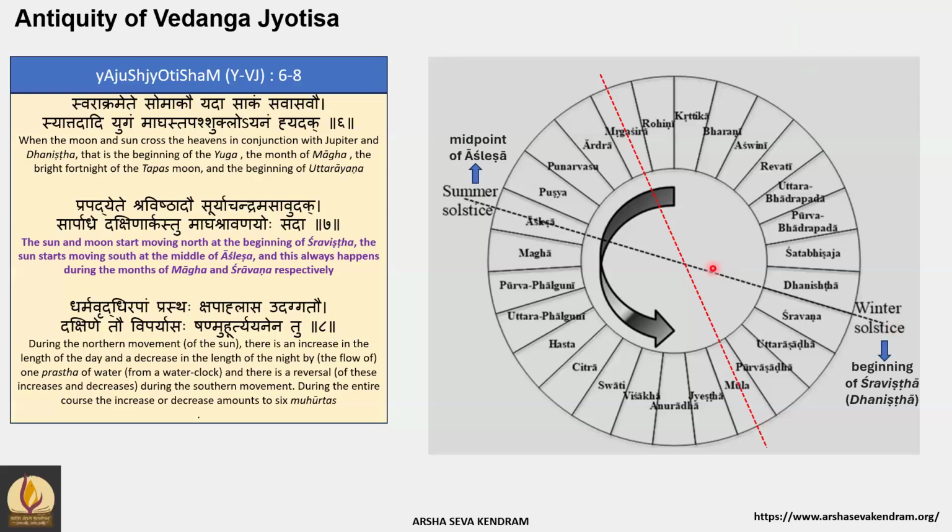Could it be what is currently happening now? The summer solstice happens at this nakshatra. Correct, that is correct. See, the amount of precession of the earth that has happened from the Vedanga Jyotisha time to the current time is this extent, right? So today the summer solstice is happening in Mrigashirisha, and the winter solstice is happening in Mula, right?